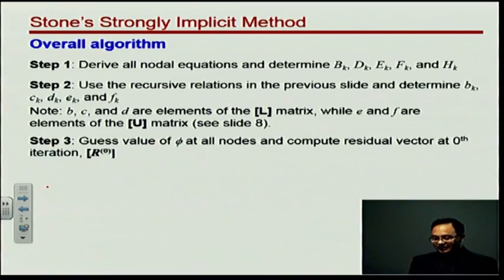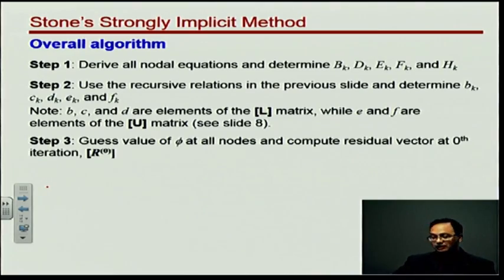Now, because L times U is an approximate factorization of A, you still have to iterate. Just like every other method we have talked about so far, you have to start with a guessed value of phi. Let's call that initial guess the 0th iteration.